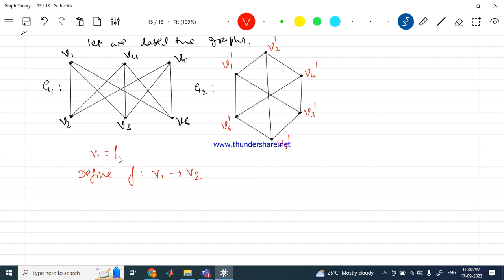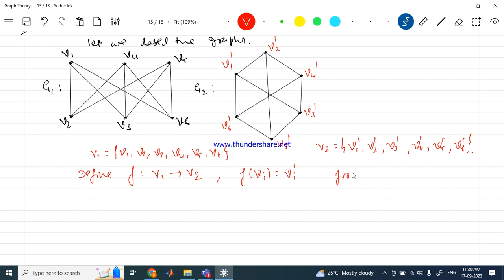V1 is equal to {v1, v2, v3, v4, v5, v6}, and V2 contains v1 dash, v2 dash, v3 dash, v4 dash, v5 dash, v6 dash, and I have just labeled this in such a way that I can define the function like this: f of vi is equal to vi dash for i lying between 1 and 6.